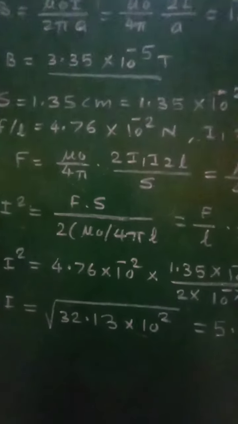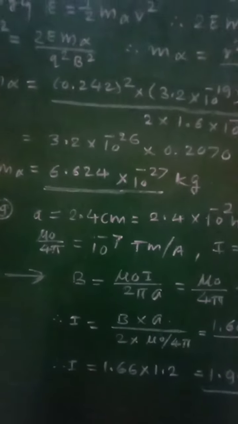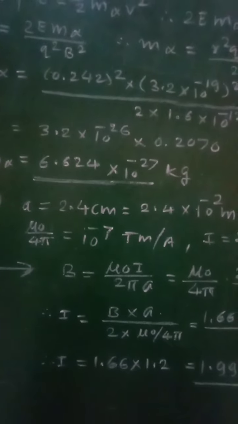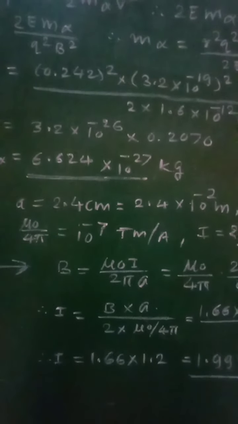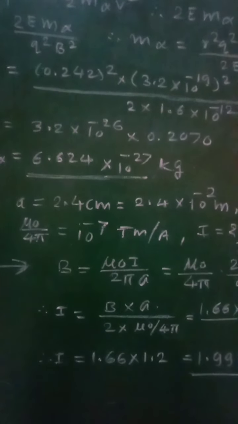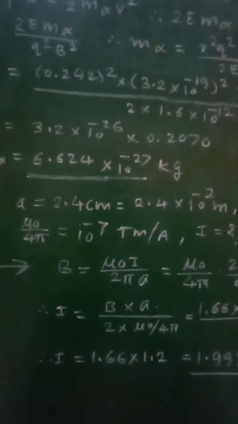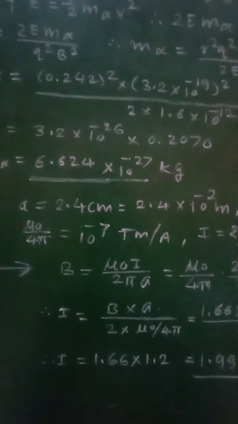So let us see now the next numerical, numerical number 9. The magnetic field at a distance 2.4 centimeter from a long straight wire is 16 micro Tesla. Then what must be the current through the wire?